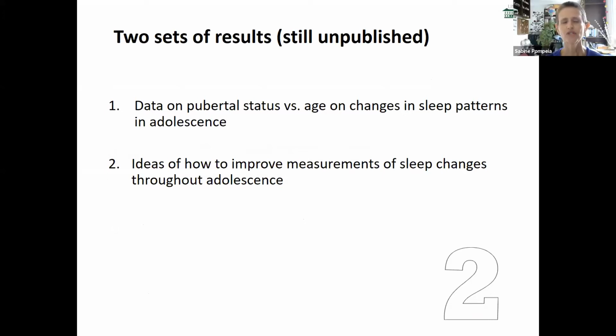First, I'm going to show you some data comparing the effects of pubertal status and age on changes in sleep patterns throughout adolescence. And then at the end, I'm going to use a couple of minutes to share some ideas of how we can improve measurements of sleep changes in adolescence that I think might be more sensitive to what's really going on at this age.